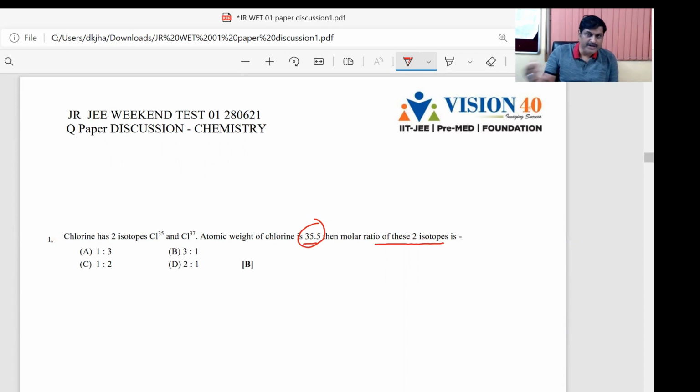So we take here 100 moles. We will get the molar ratio. We take 100 moles of chlorine, and let's assume X mole of Cl35.